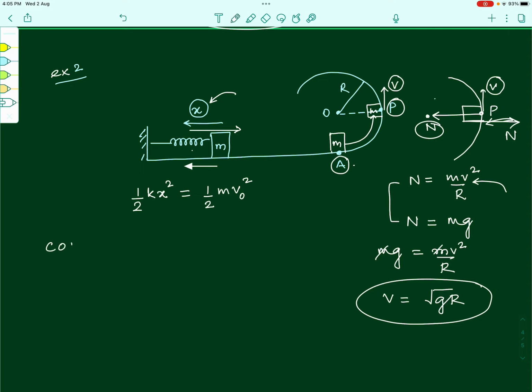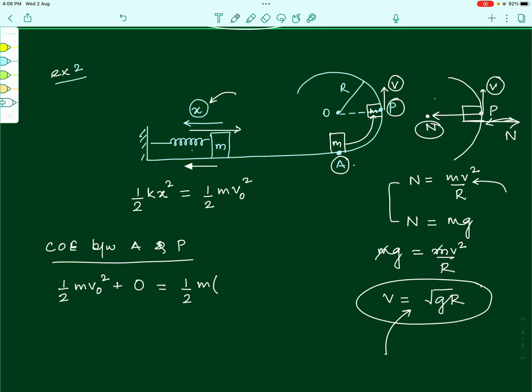So, conservation of energy between the points A and P gives us the kinetic energy at A, which is half mv naught squared, plus the potential energy at A, which we can consider to be 0 because the point A is on the ground, is equal to the kinetic energy at P, which will be half m into v squared, where we have got v as root of gr.